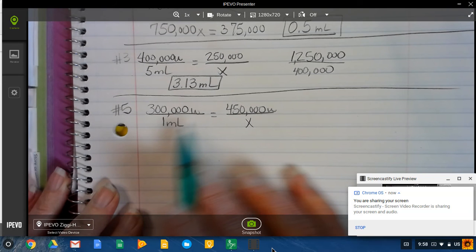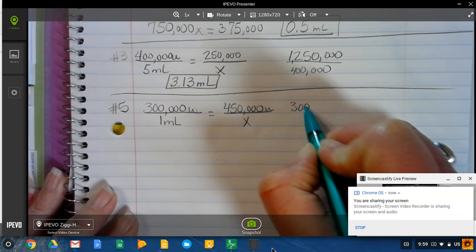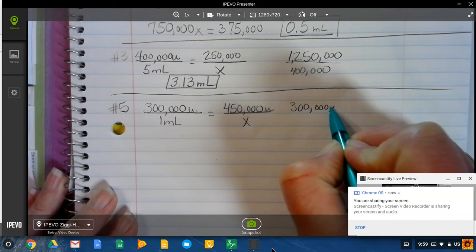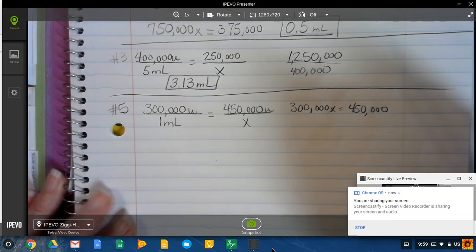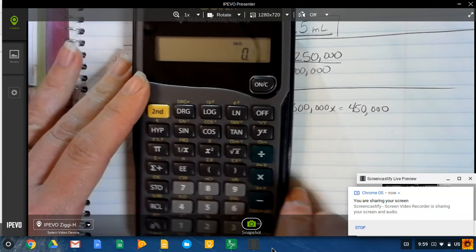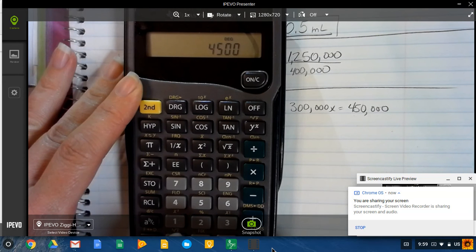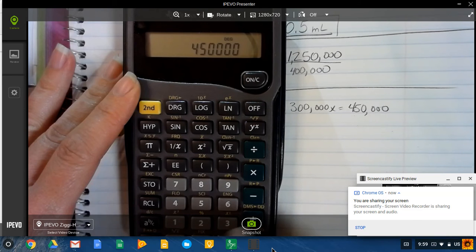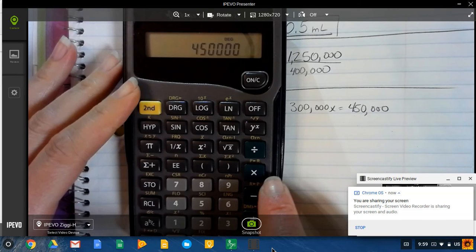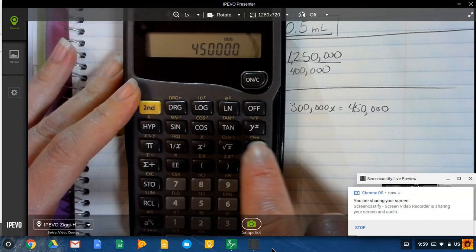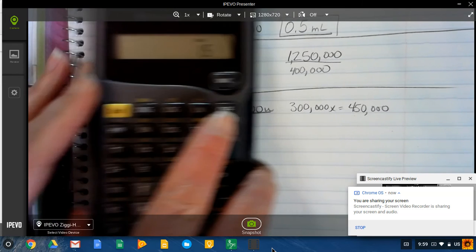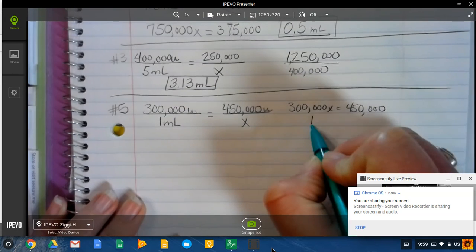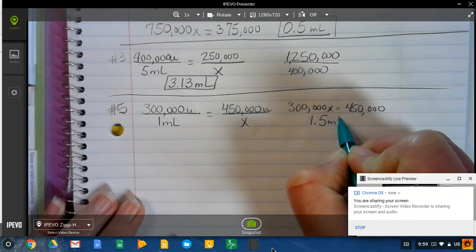Do your cross multiplication. You get 300,000 X equals 450,000. Some people can do it in their head. I cannot. 450,000 divided by 300,000 gets you 1.5. So you would give 1.5 milliliters.